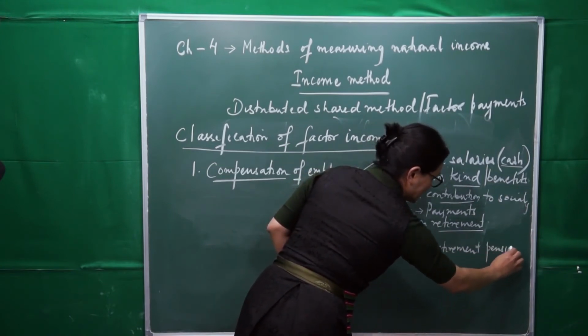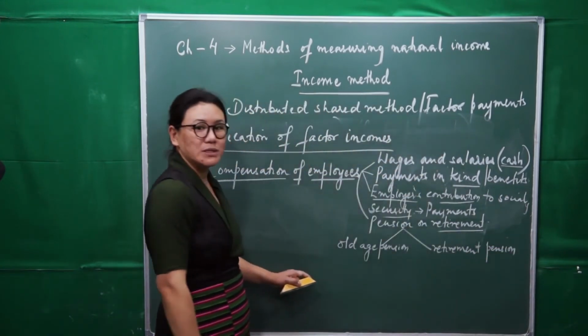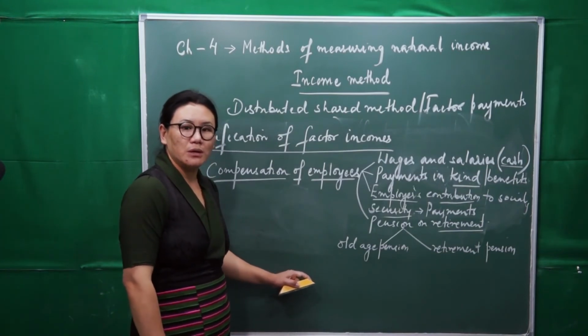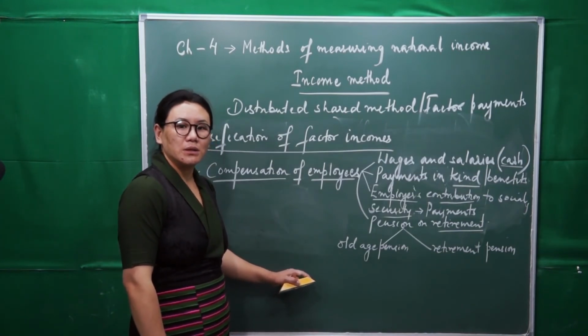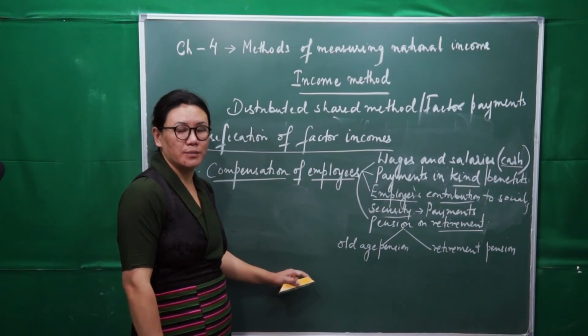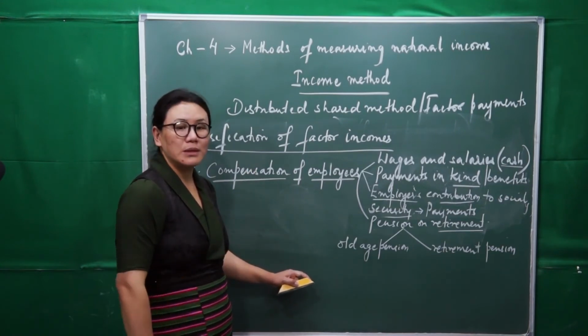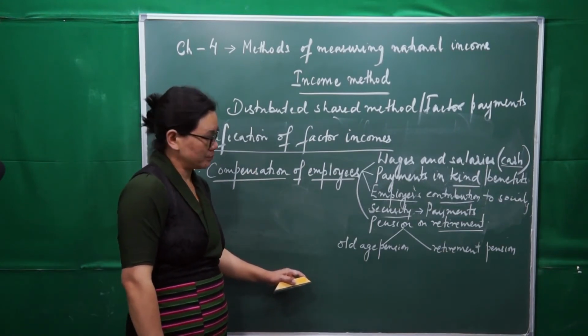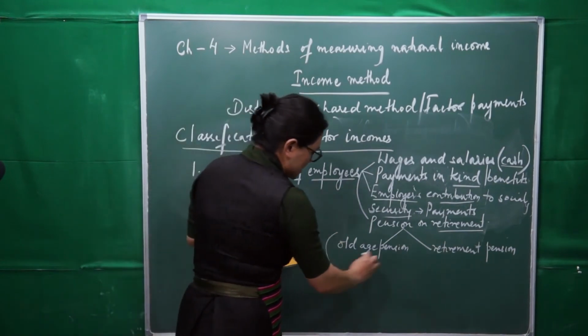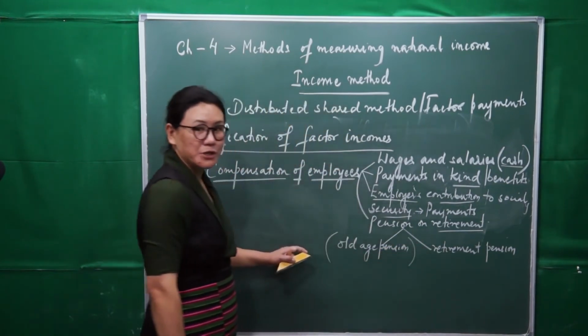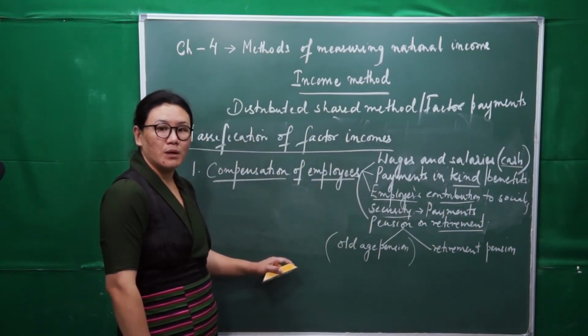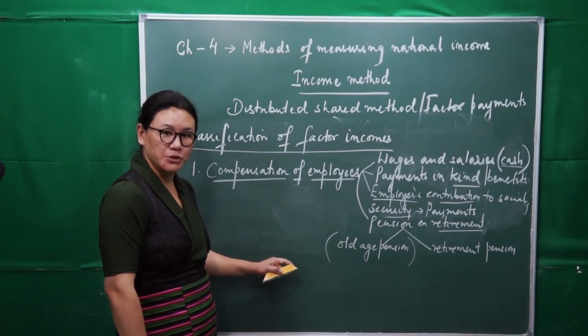Now, we will see what is the difference between these two and which one is included in national income. What is this now? Old age pension. For elderly people, they get some kind of money, right? That is called old age pension.